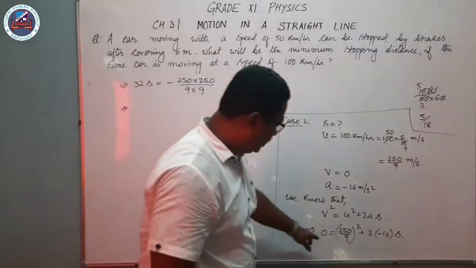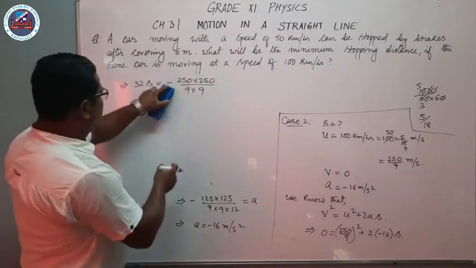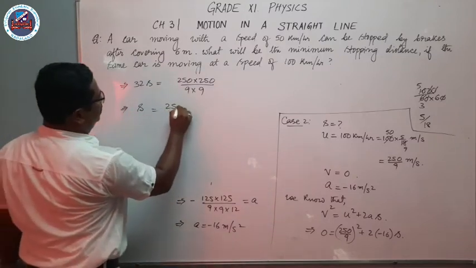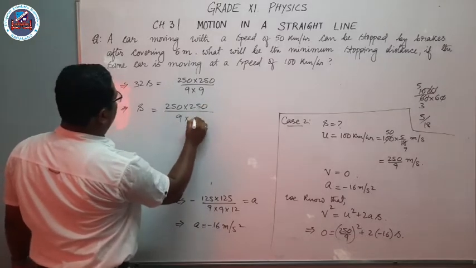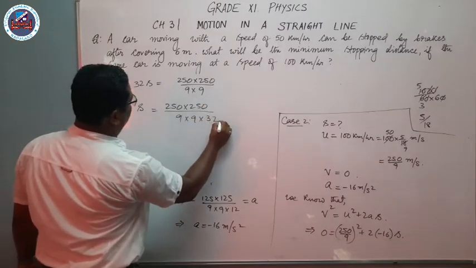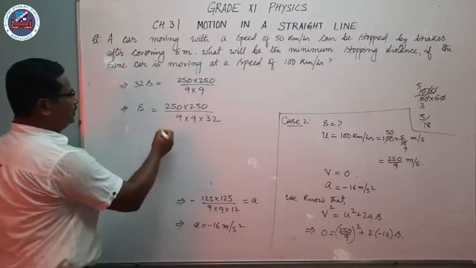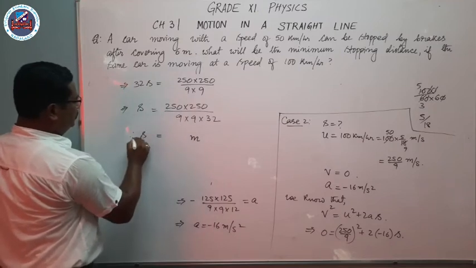So this is not minus, this is plus. Minus became plus, and plus remains plus on the same side. So the stopping distance S is equal to 250 into 250 divided by 9 into 9 into 32. Then you write the result in meters.